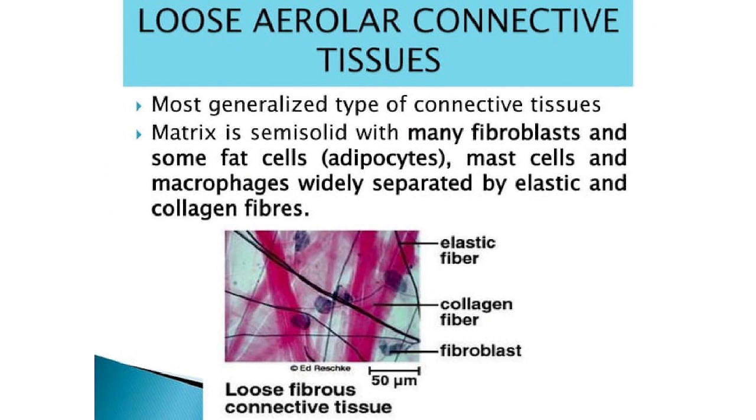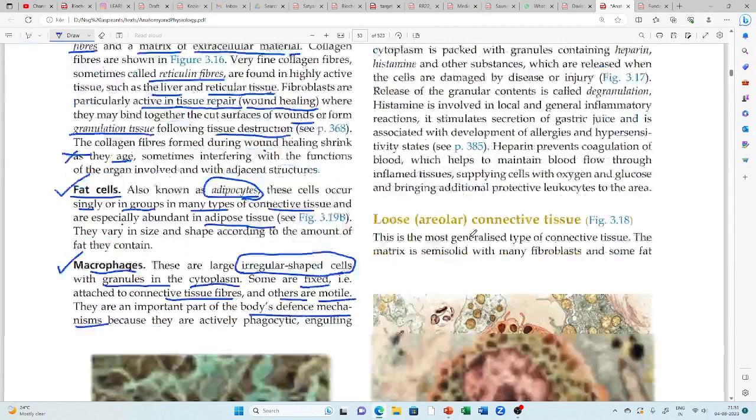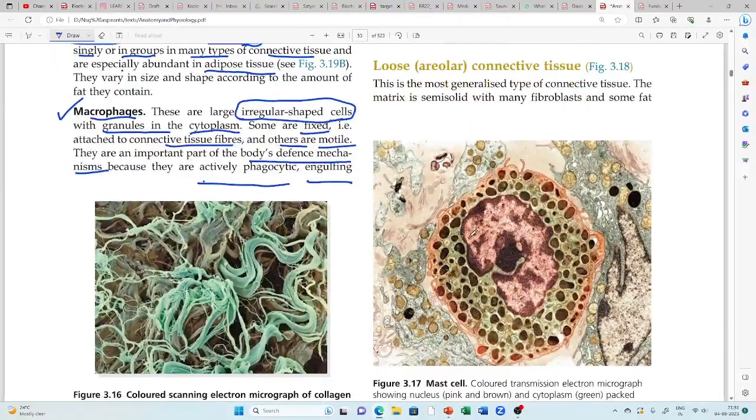Okay, first one is loose areolar connective tissue. Now we will go to the textbook. After reading the textbook, we will come to this one. First classification, that is loose or areolar connective tissue. The cells of this connective tissue are freely arranged.